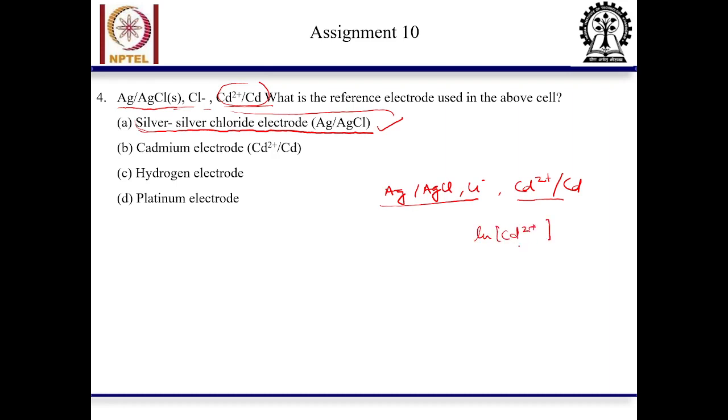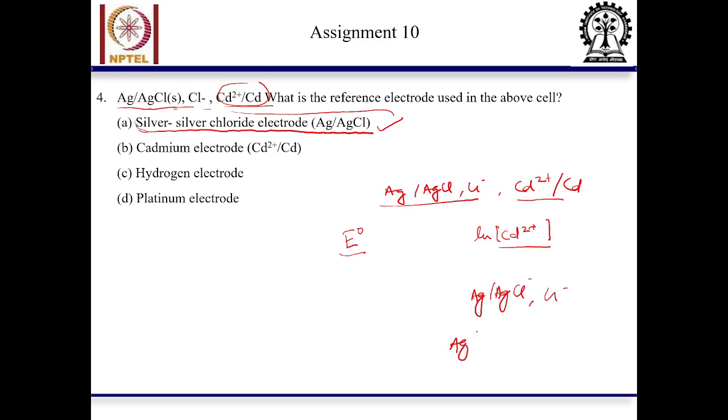Now once you are passing a small current, this concentration will fluctuate. Accordingly you will see the change in the potential. But in this, what is happening, you have silver chloride and Cl minus.